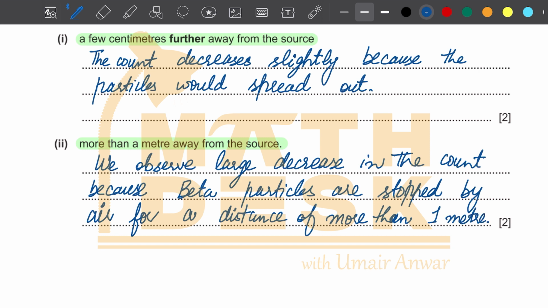So since we have a large distance between the source and the detector, so the radiations emitted by the source would be absorbed by the air particles and they would be used to ionize the air particles.